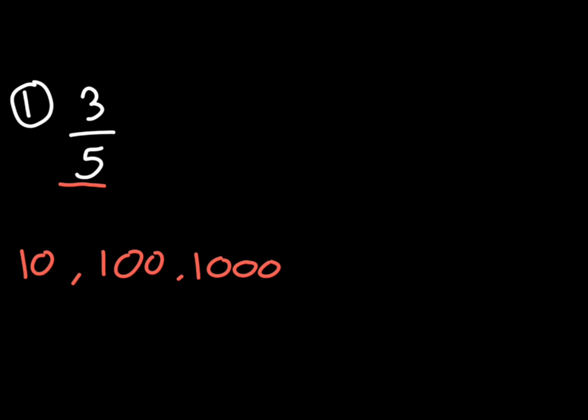Now, it's quite clear to us that if we were to choose one of these values to be our denominator, it would be easiest to turn that 5 into a 10. To do this, we need to multiply this denominator by something to get it to be 10.